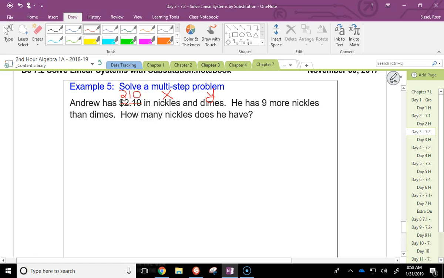A nickel's worth 5 cents, so I'm going to say 5 times x, 5 cents times every nickel, plus a dime is 10 cents, 10 cents times every dime. What will that equal when I put his nickels and dimes together? It has to equal 210.